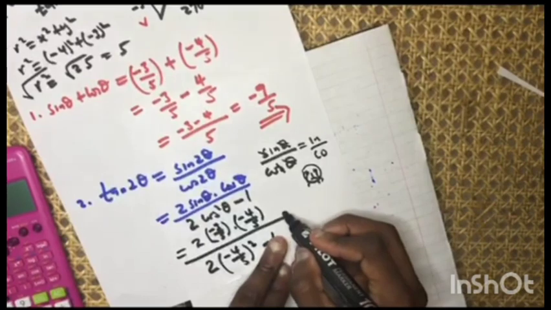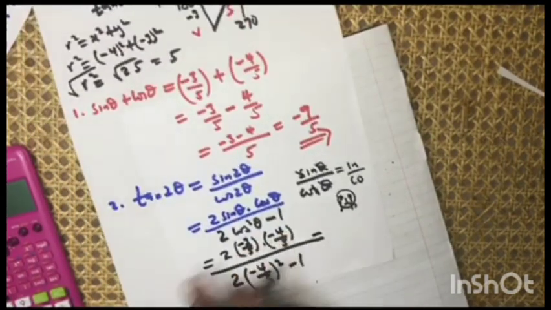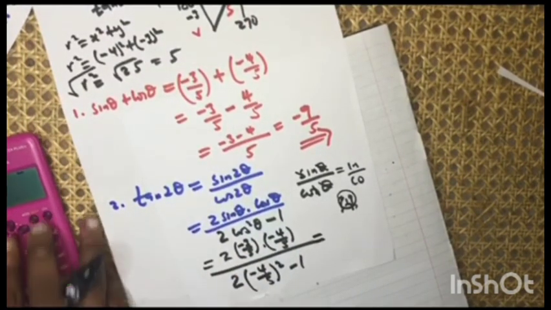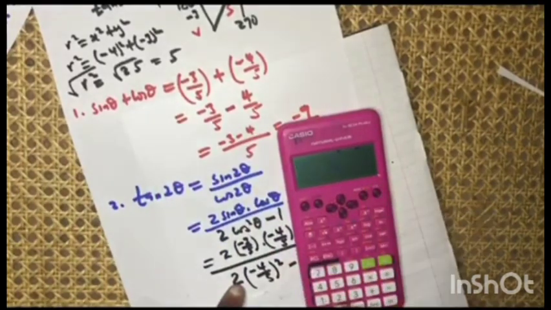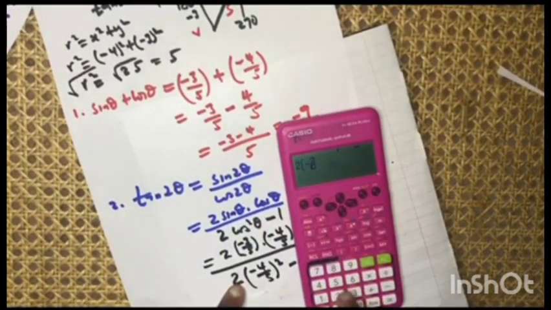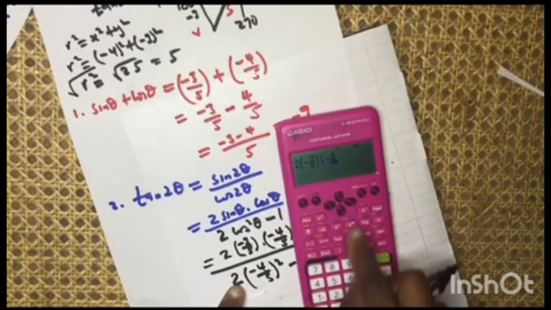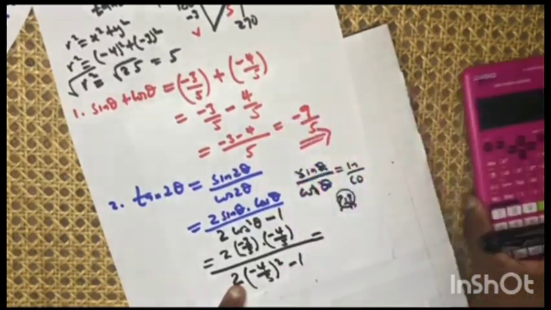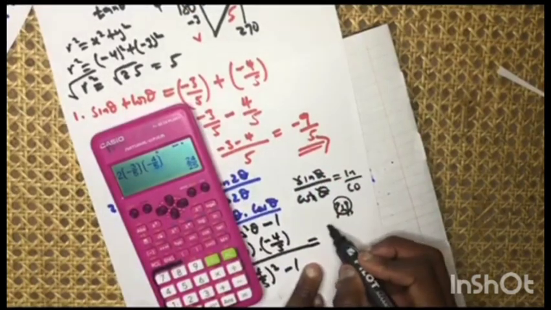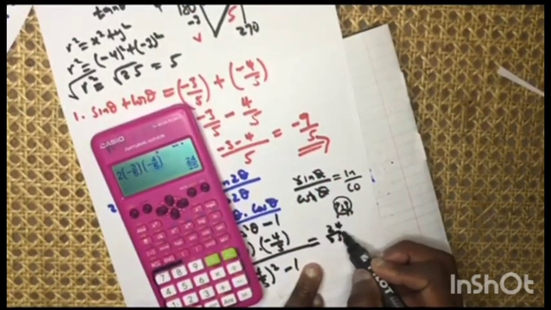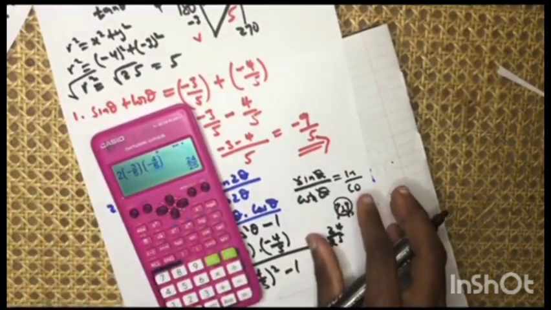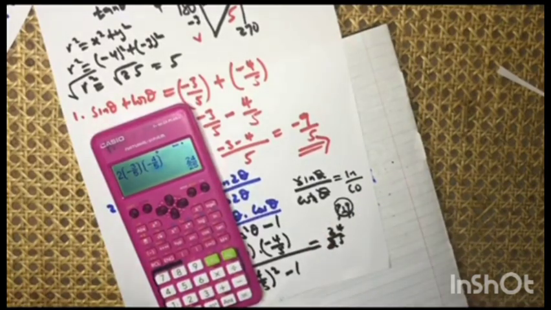So if you press this one in your calculator, it's going to be 2 times -3 over 5 times -4 over 5, which is 24 over 25.